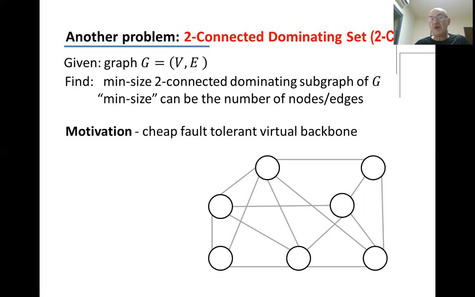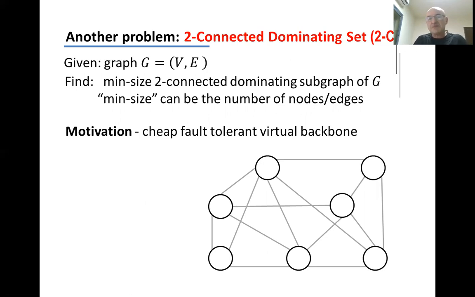So in this problem, we're given a graph, and we want to find a two connected dominating subgraph of minimum size. The size can be the number of nodes or the number of edges. It does not matter, because in a two connected graph, the number of edges is at most twice the number of nodes, and it is at least the number of nodes.